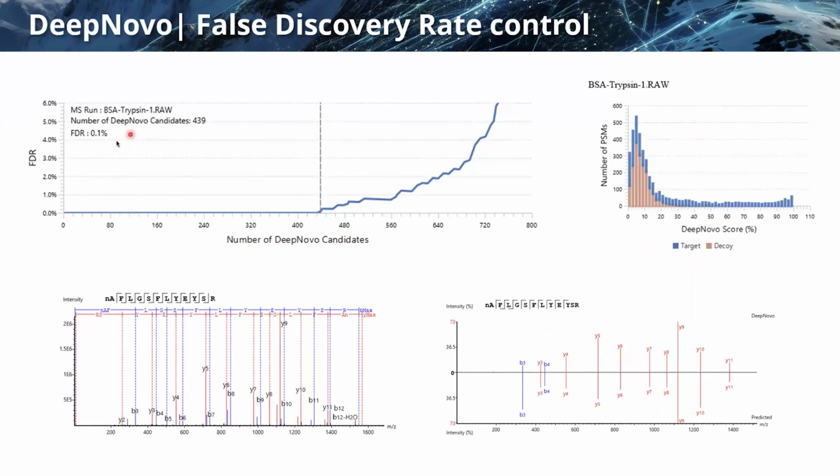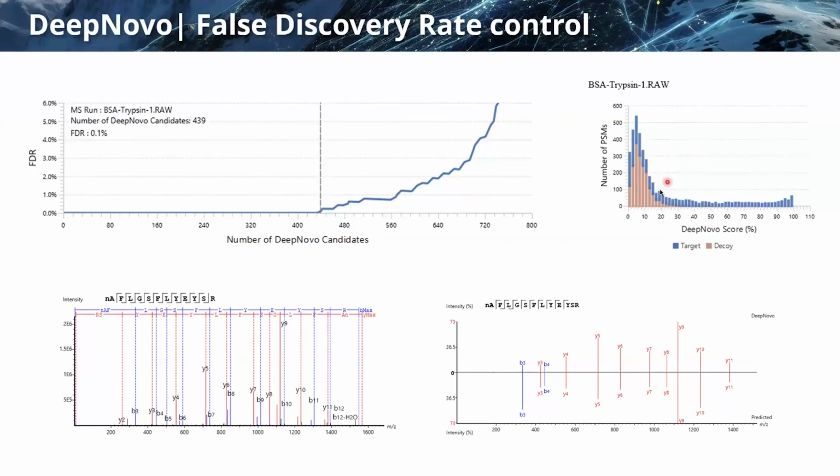In PEAKS, what this looks like in our output result, here's just a very simple BSA tryptic digest with a strict FDR of 0.1%. Basically, you can see that the FDR curve is completely leveled off to whatever number of peptides sequenced, and then it starts leveling off at 0.1% and slowly goes really up after 1%, which is the expected behavior.